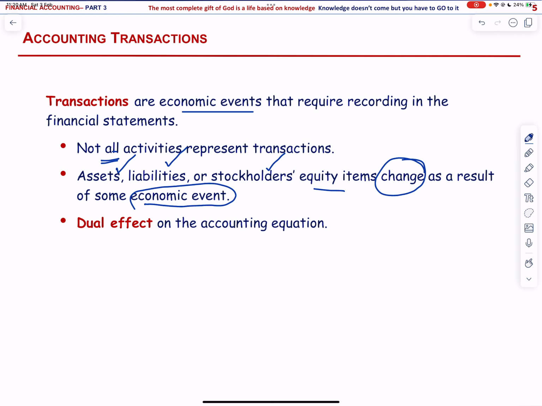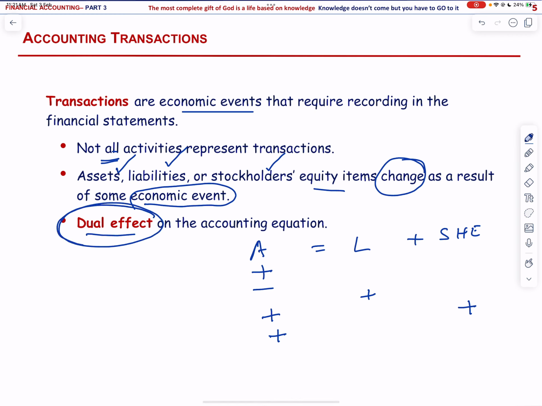Now there is always a dual effect on the accounting equation. You already know that assets equal liabilities plus stockholders' equity. The different permutations may be like this: one asset may be increasing, and because it is dual, at the same time another asset may be decreasing. There may be another situation where assets increase and liabilities increase, or assets increase and stockholders' equity increases. Remember, dual means two.